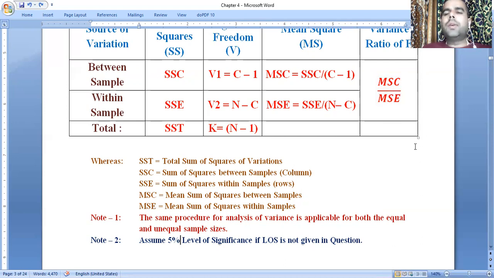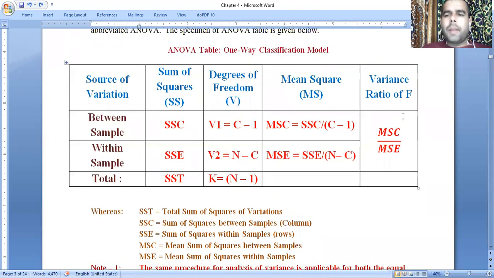F is equal to variance between the samples divided by variance within the sample. Finally you will get some value, either a fraction or a whole number. After that, that value should be compared with the table value, the critical values at 5% or 1%.